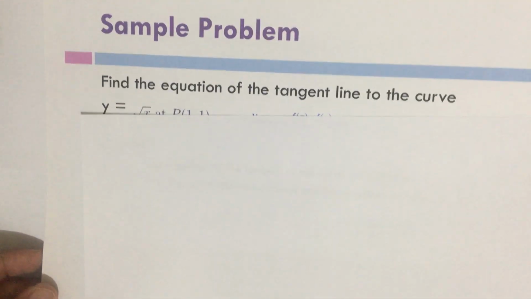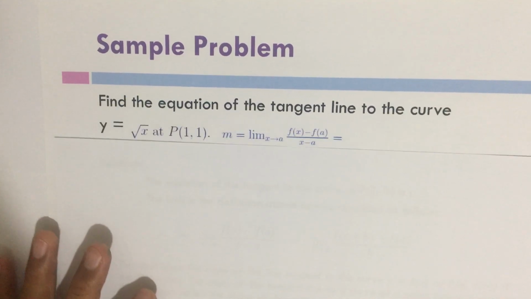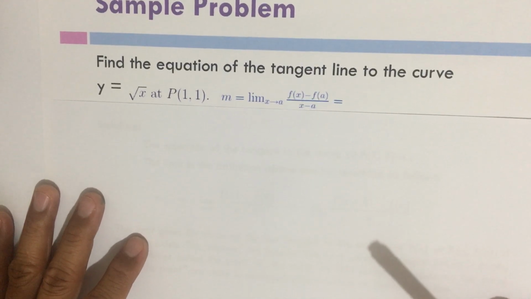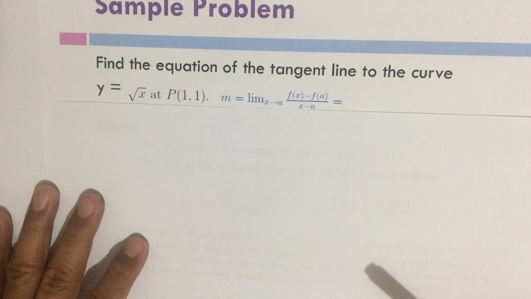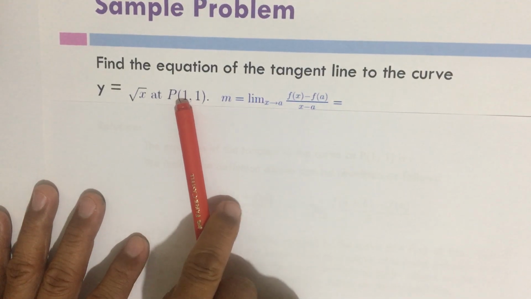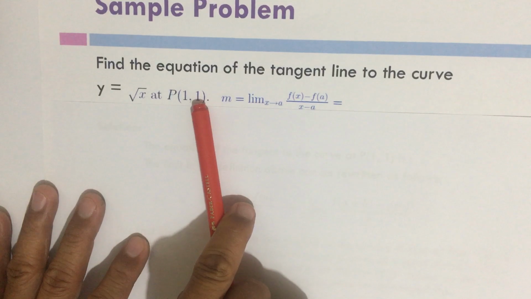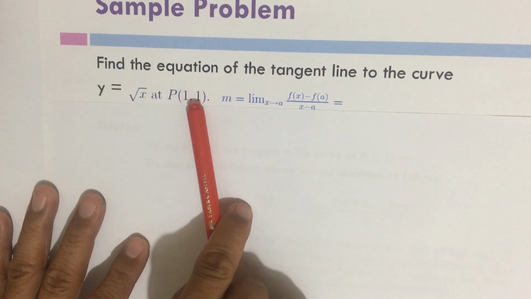Now we have here a sample problem. Find the equation of the tangent line to the curve y equal to square root of x at P, coordinates 1 and 1. So this is our a and this is our f of a, the value of the function at x equal to a, which is x equal to 1.